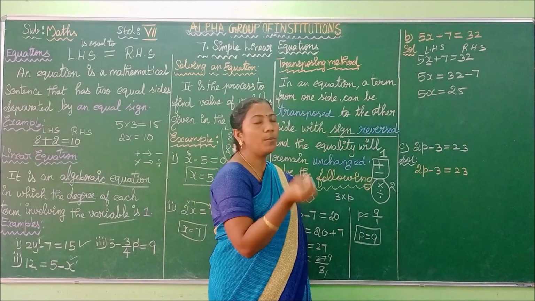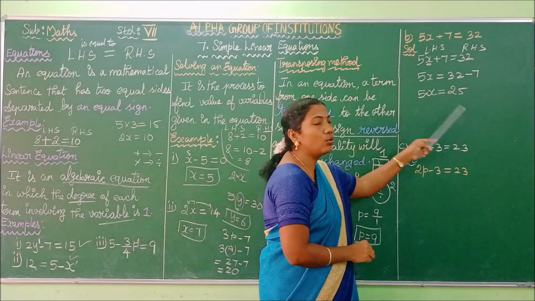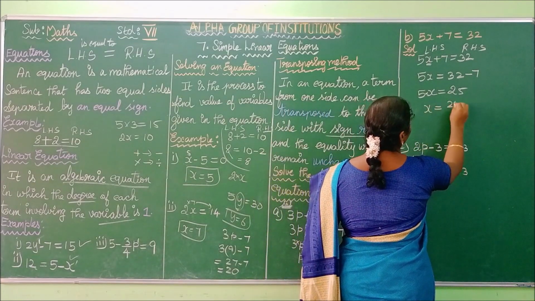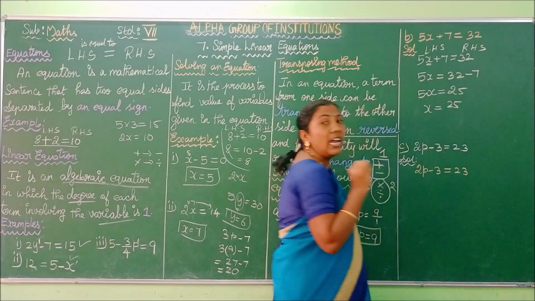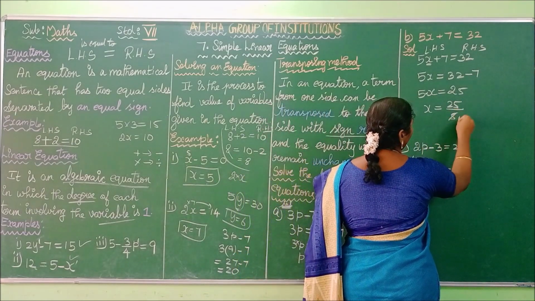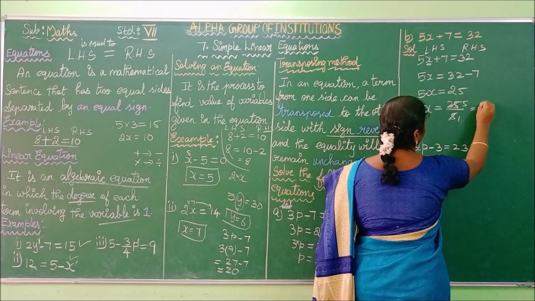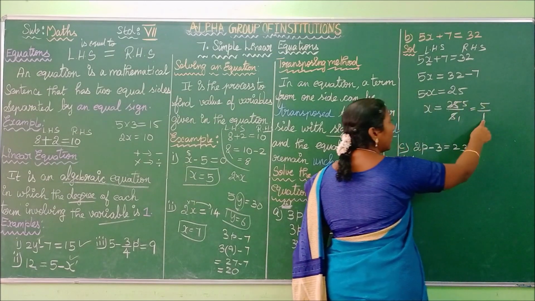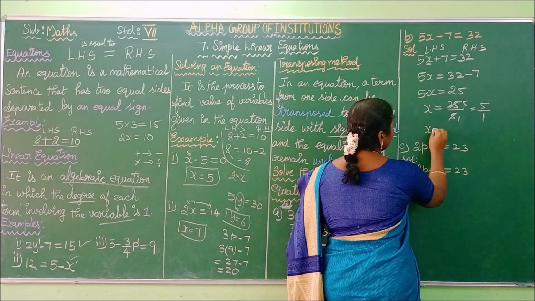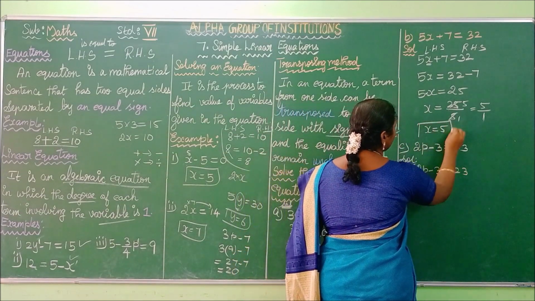So you have to bring that 5 from LHS to RHS. So x equal to, how did it become? 25 divided by 5. So now you have to cancel. 1 5 is 5, 5 5s are 25. So 5 by 1. So leave the denominator if it is 1. So you have to write it as x equal to 5. So our answer is 5.